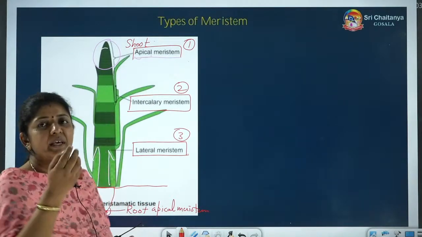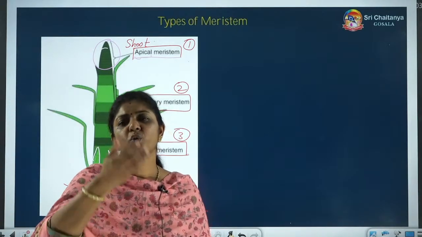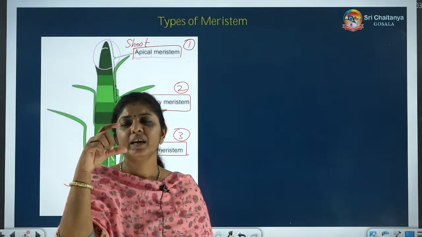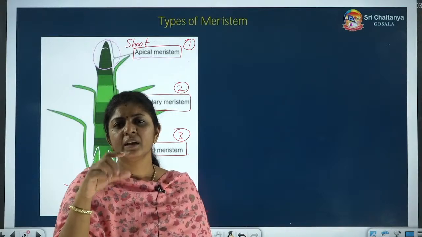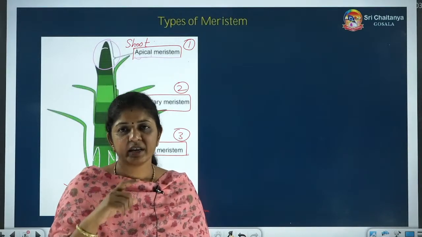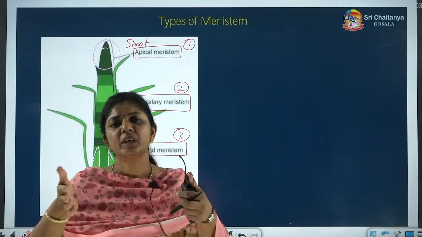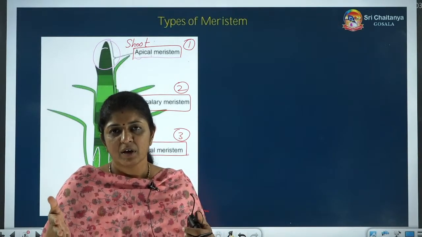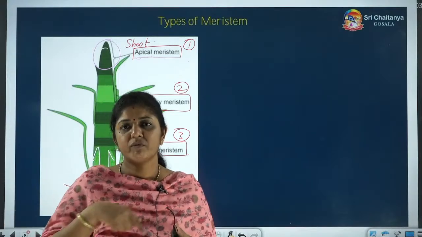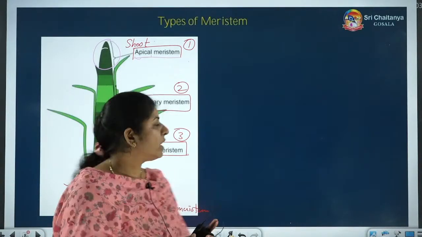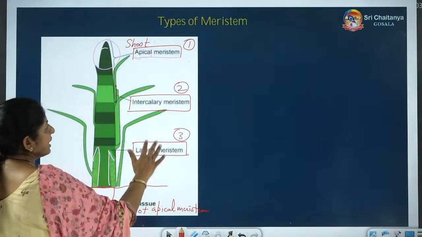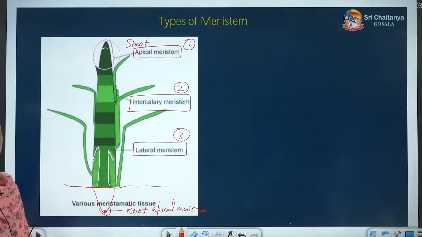Apical meristem makes the plant grow in length from the tip, and intercalary helps them increase in length at the internodes. And lateral meristem helps to increase the width, or diameter, or perimeter of the stem. That is the lateral meristem. Based on position, I hope these three types are clear to you.